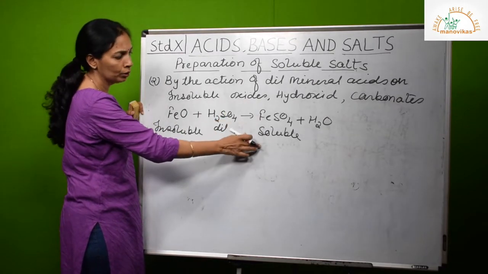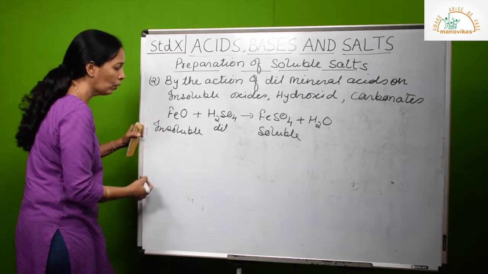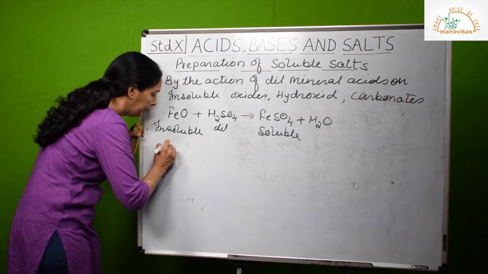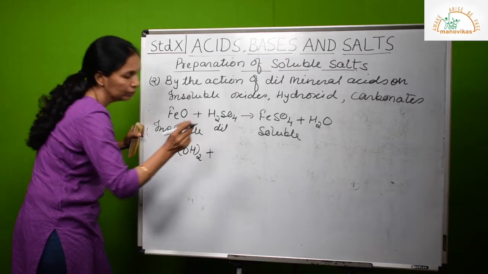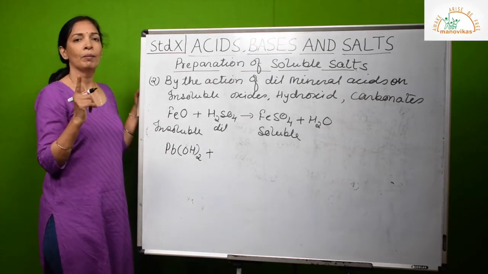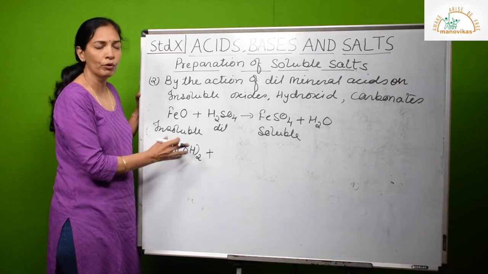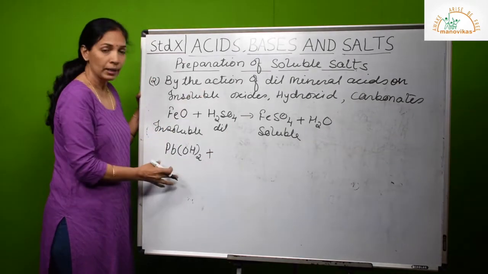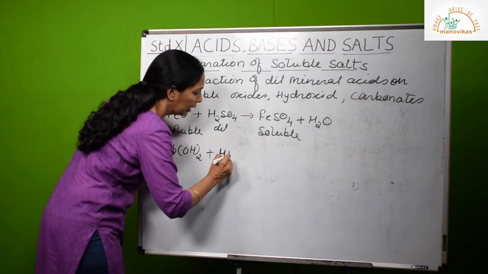So this is preparation of a soluble salt starting with an insoluble oxide. Insoluble hydroxide also you can take, like Pb(OH)2. Now here you have to remember one thing. For lead, there is only one compound which is soluble. So whenever you are writing an example for preparation of a soluble salt, starting with a lead compound, the acid has to be HNO3.